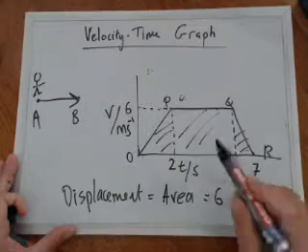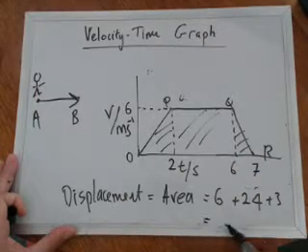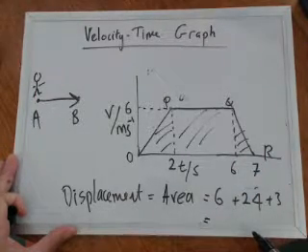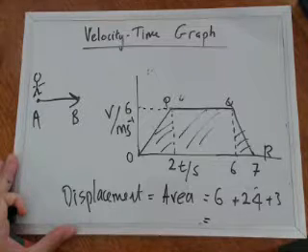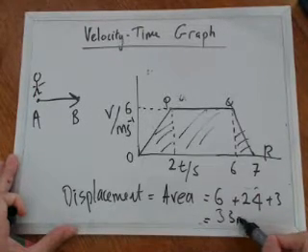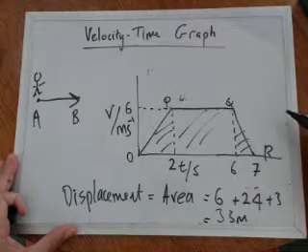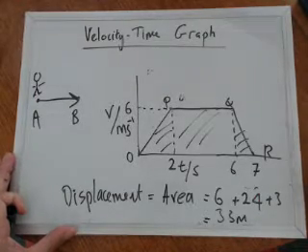So therefore the total area under there is equal to 9 plus 24, which gives you 33 meters. So in his entire journey he's covered 33 meters.